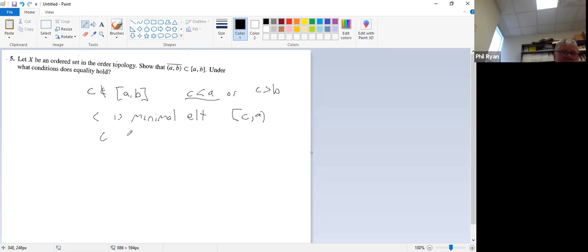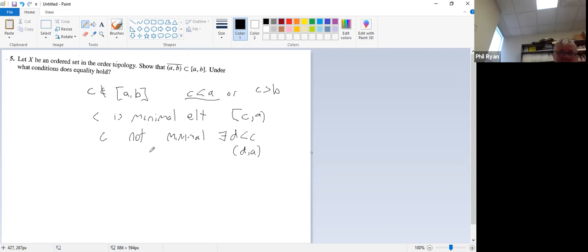And if C is not minimal, then there exists a D less than C. And so then the open interval DA is an open set not meeting AB and containing C. So again, C is not in the closure.